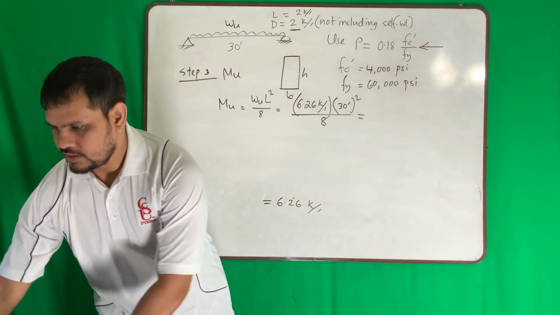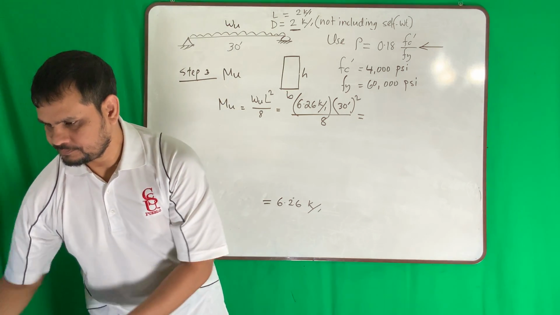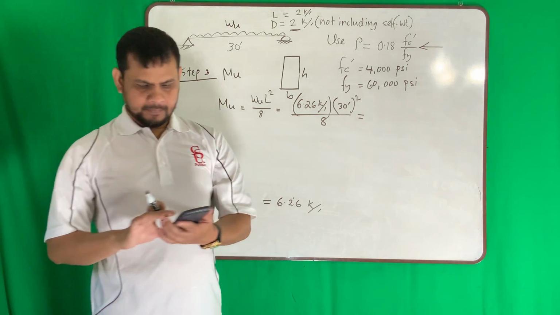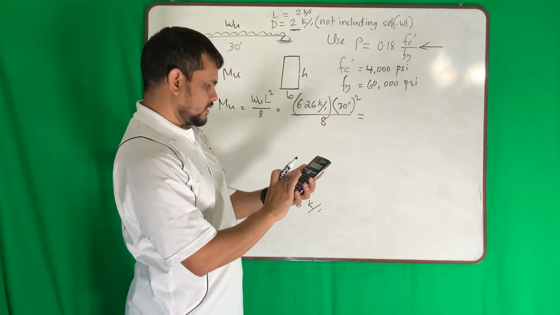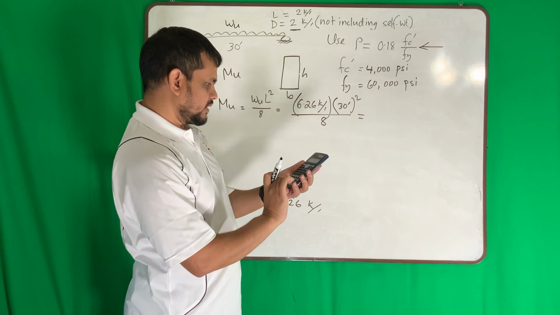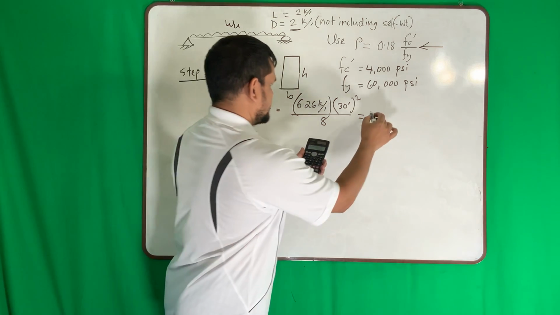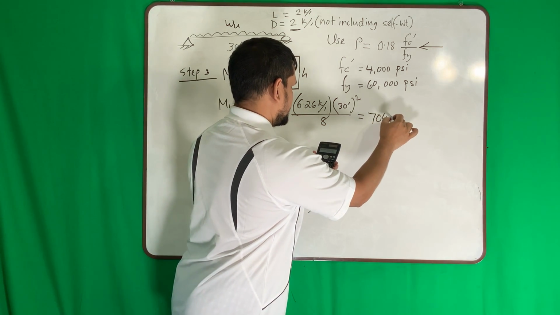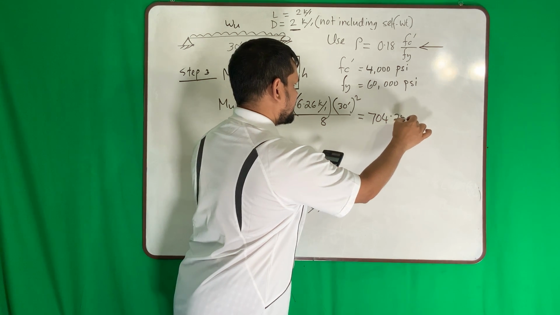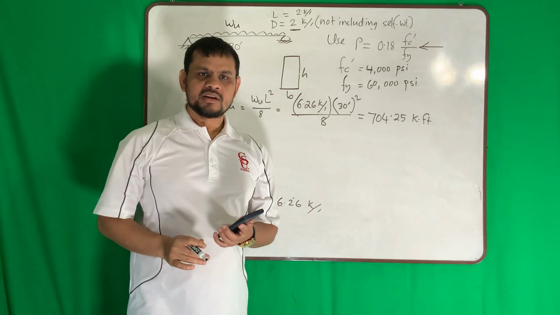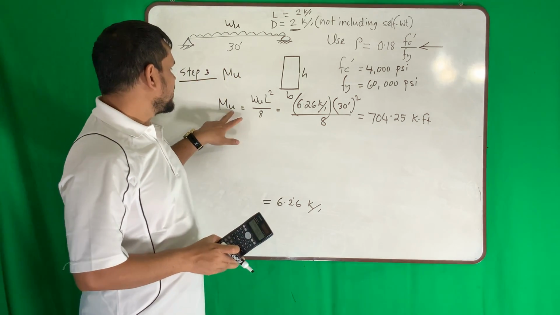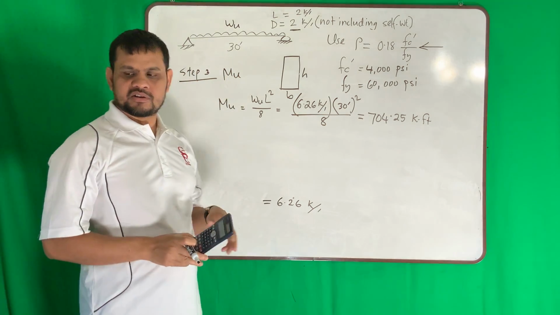How much, if I use my calculator? 6.26 times 30 squared divided by 8, 704.25 kip feet. This is my factored moment, ultimate moment, that means factored moment.